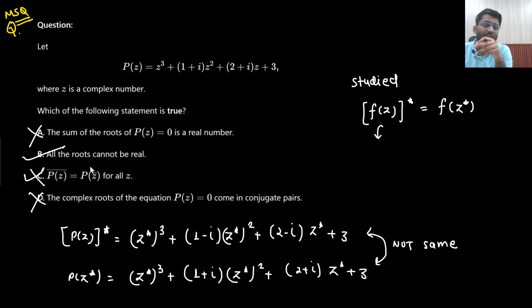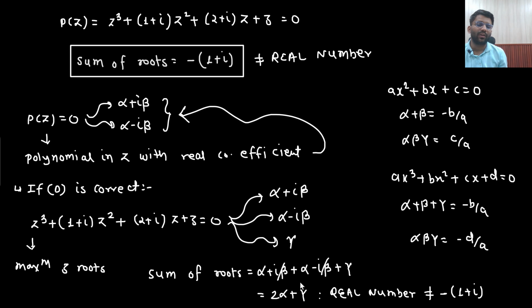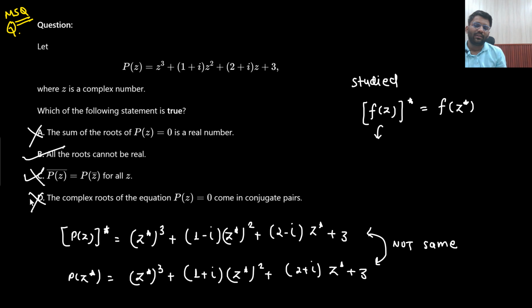If the coefficients are not real, that means it is not necessary that they will be in conjugate pairs. If they were, then their summation would come out to be a real number, which is not the case. That means option D is incorrect. Option B is correct. All roots cannot be real, because if they were real, their summation would have been a real number only, but here it is a complex number. Understandable? So yeah, that's it.